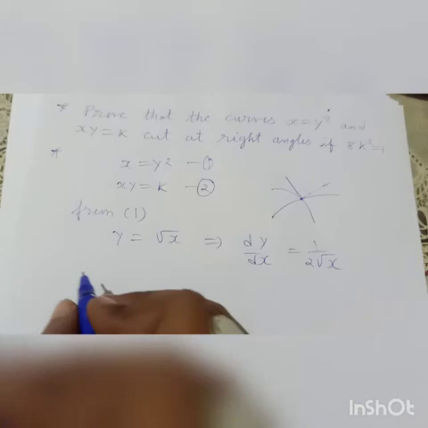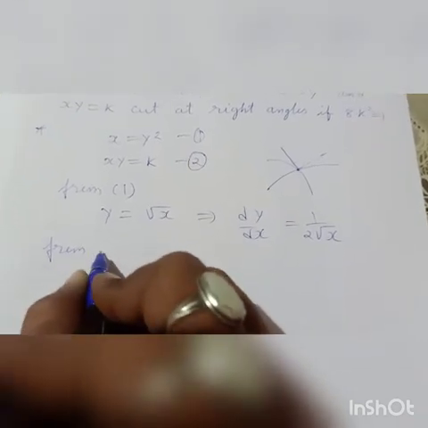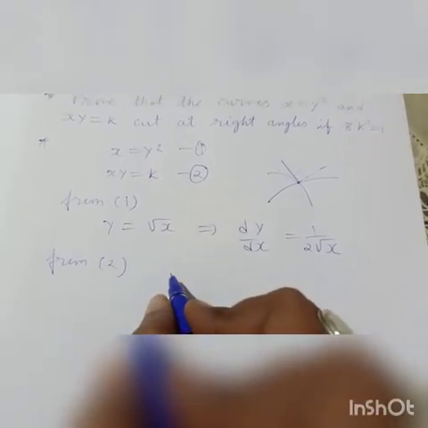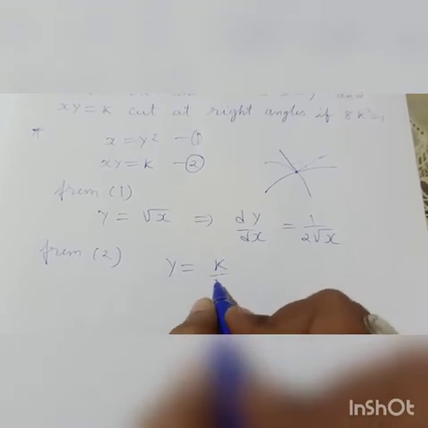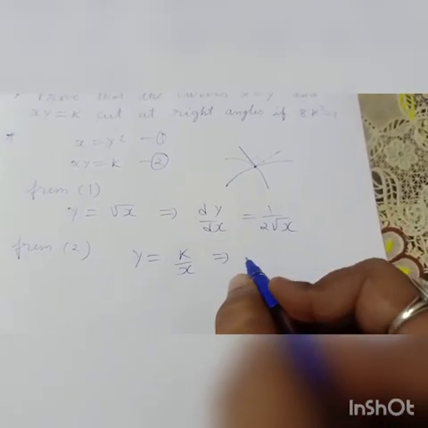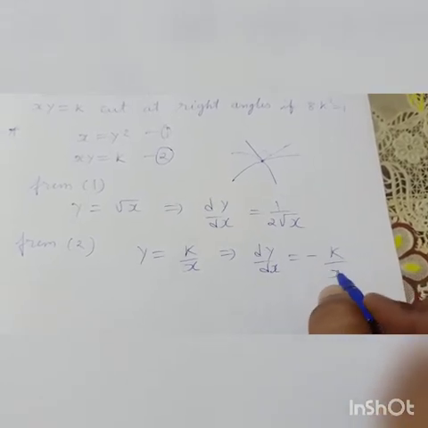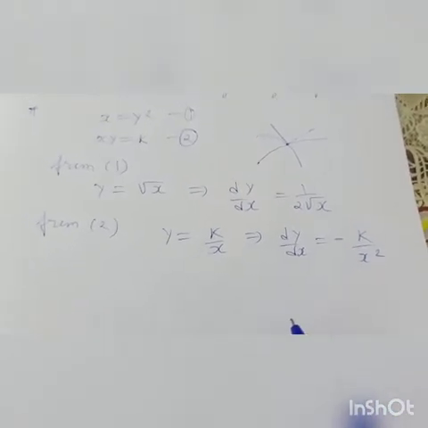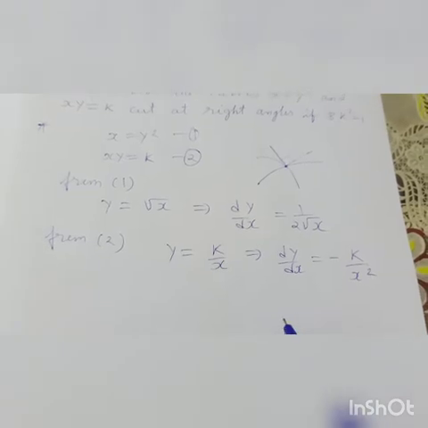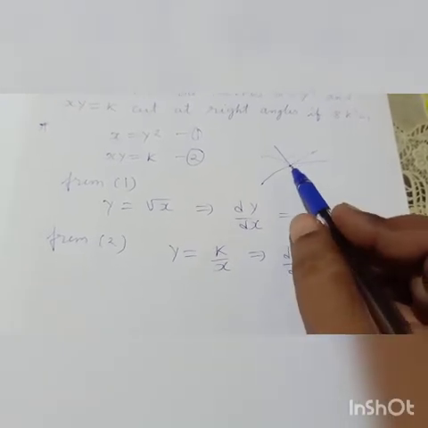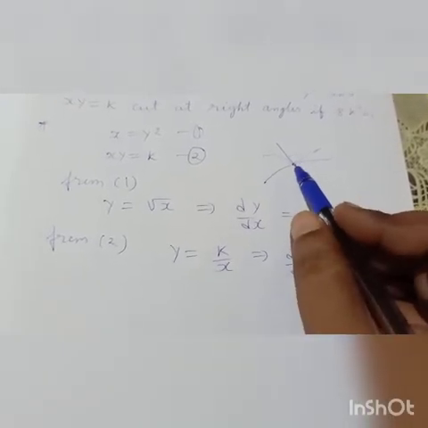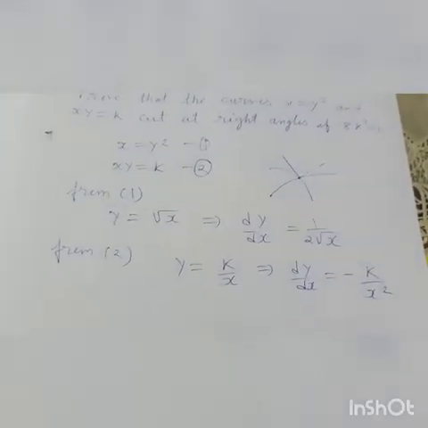And from curve 2, y equals k by x. This implies dy by dx equals minus k by x square. Now we will find the point of intersection of these two curves.